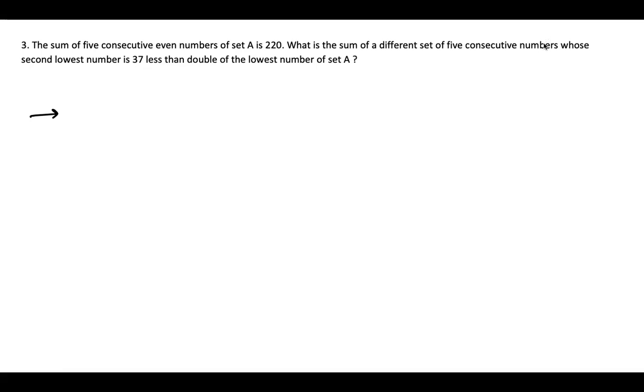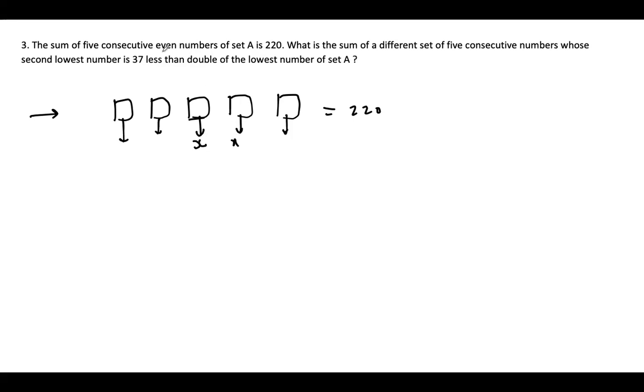The sum of 5 consecutive even numbers of set A is 220. So if I assume the middle number to be X, what will be the other values? X plus 2, X plus 4, X minus 2, X minus 4.